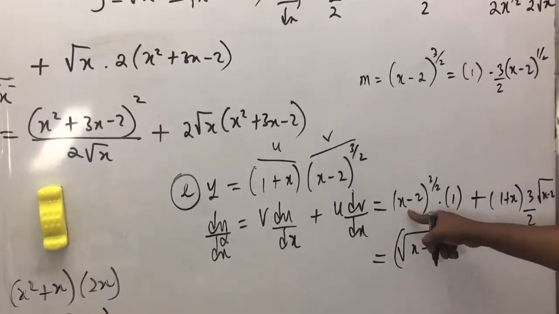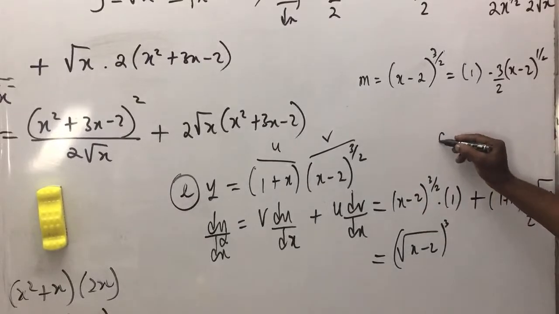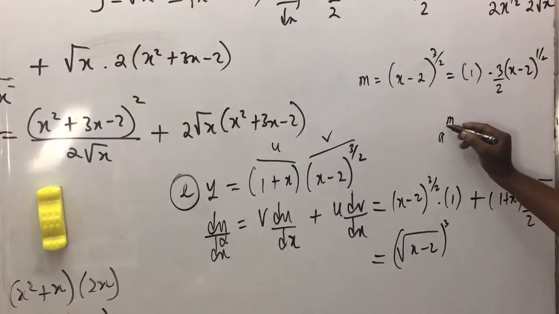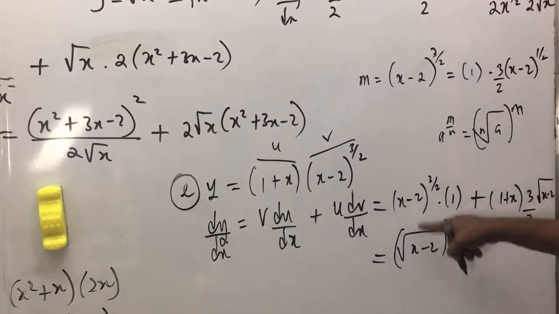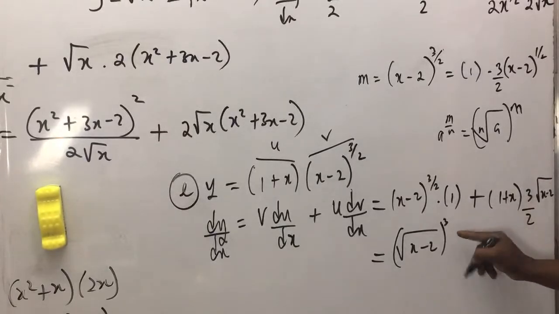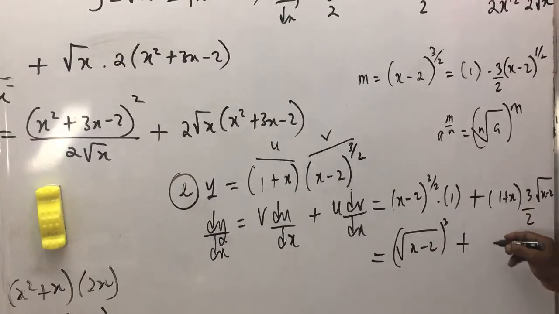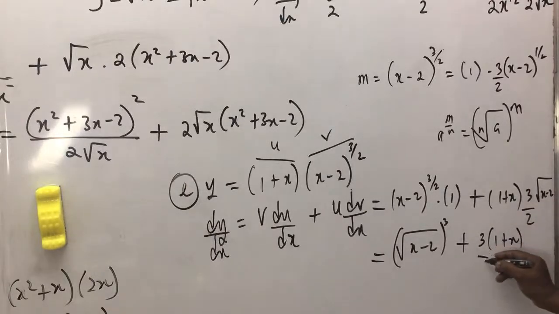When you re-express this, according to indices, a raised to power m over n is the nth root of a, all raised to power m. So using this rule, you can express this as this, times 1 gives you 1, obviously, plus, coming over here, you can write your result better by putting this 1 plus x and then square root of x minus 2. And that solves problem E.